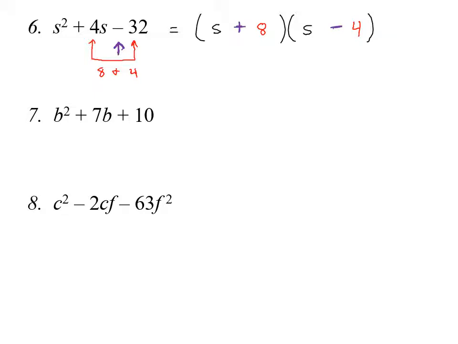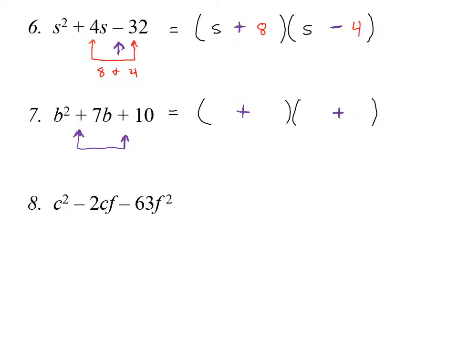On number 7, notice this right here is a positive sign. So when I draw my two parentheses, if that's a positive, you look over here to see what it is. The second positive tells you they are the same. The first positive tells you that they have to both be positive.